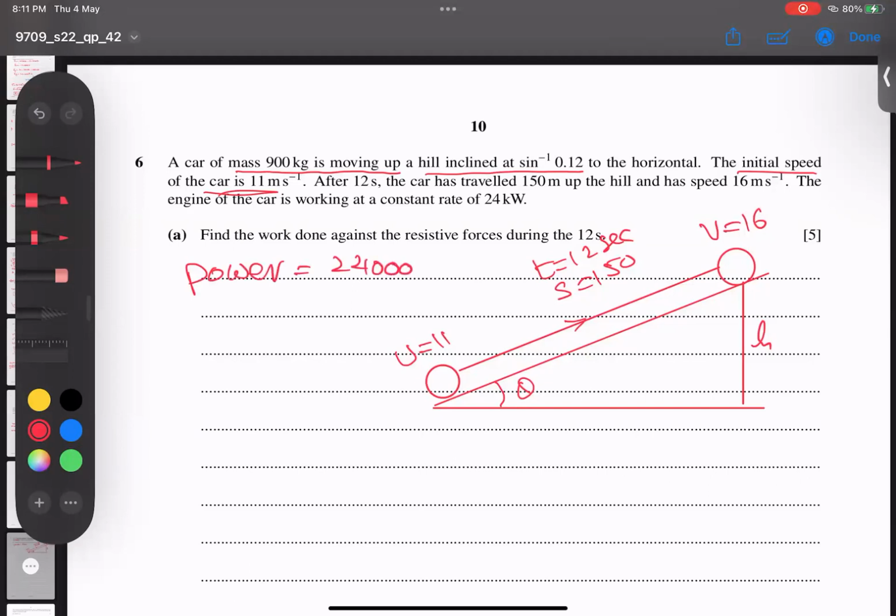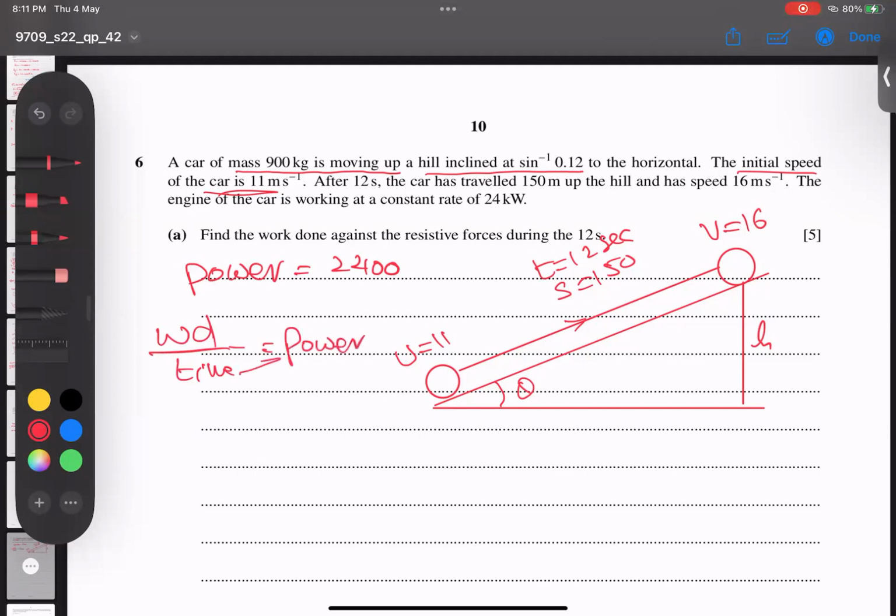Students, what is the formula for work done? Work done divided by time is equal to power.